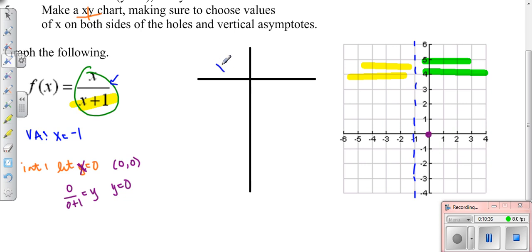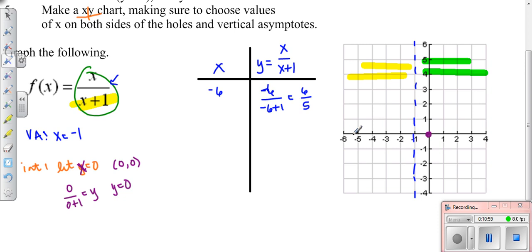So in my t-chart, this is x, this is my y, which is x over x plus 1. If I put negative 6 in here, I get negative 6 all over negative 6 plus 1, which is 6 over 5.